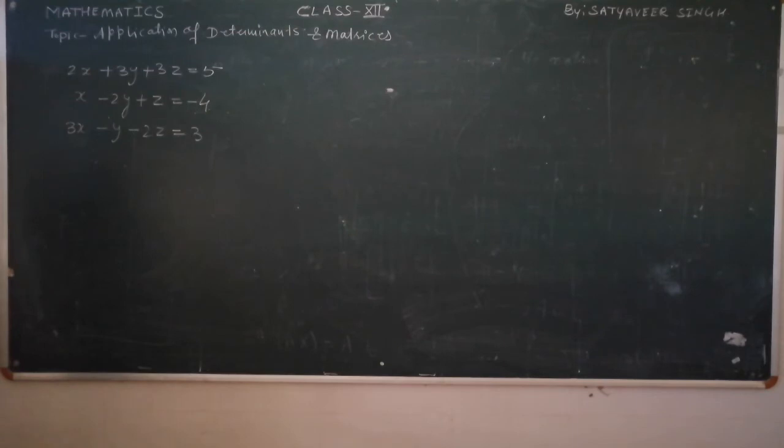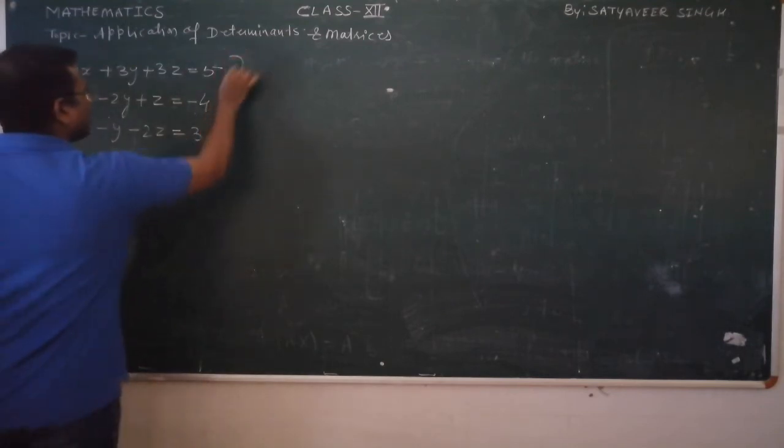We will have to check whether consistency. First of all, we will have to check solution exists or not. We will have to check, and then we have to find the solution. So we can write first of all quickly in this form, in the matrix form.